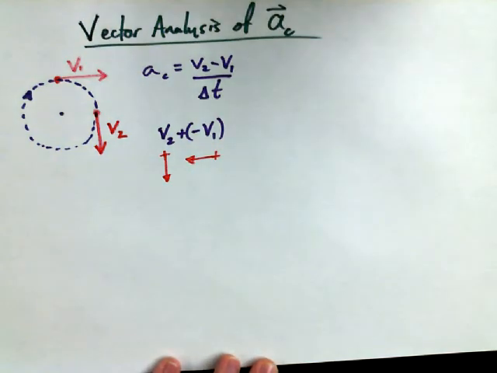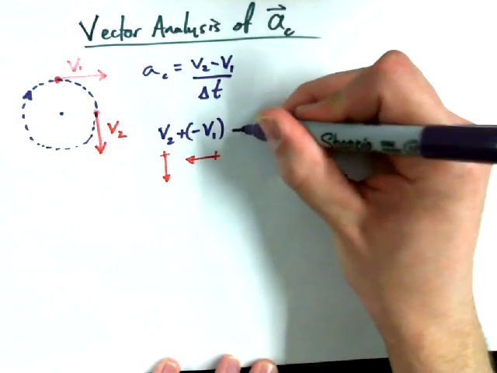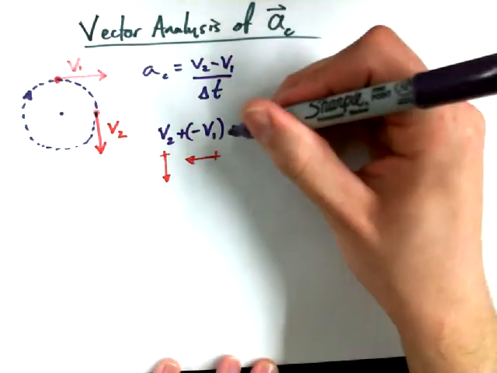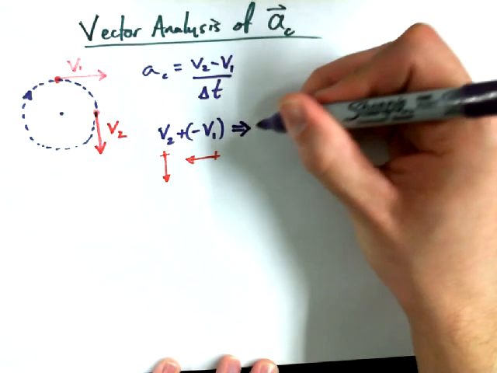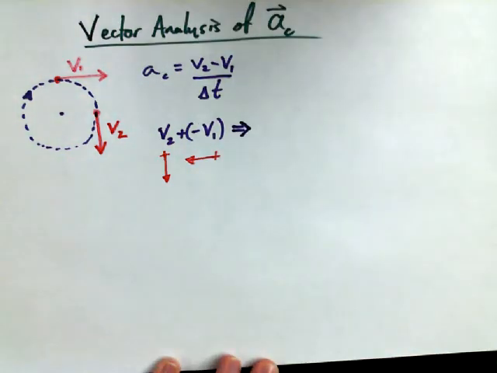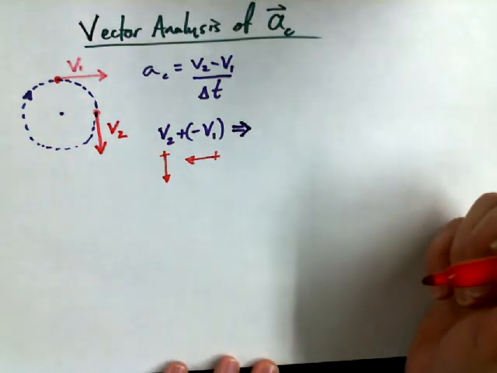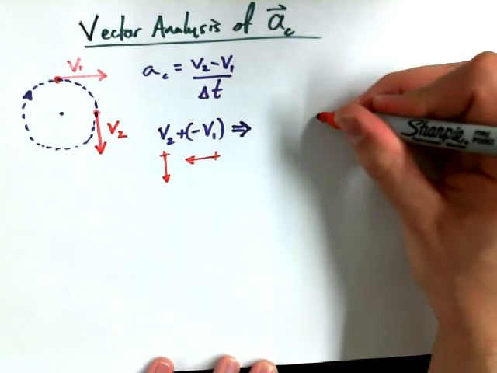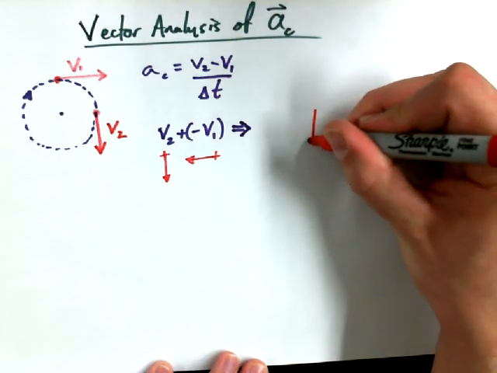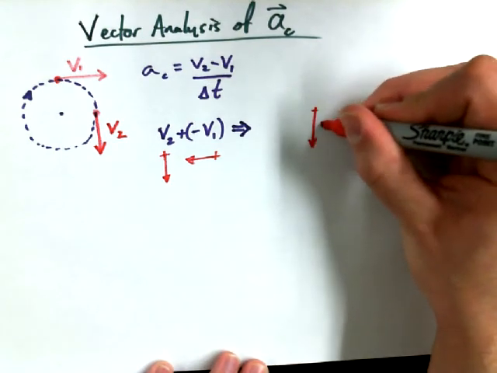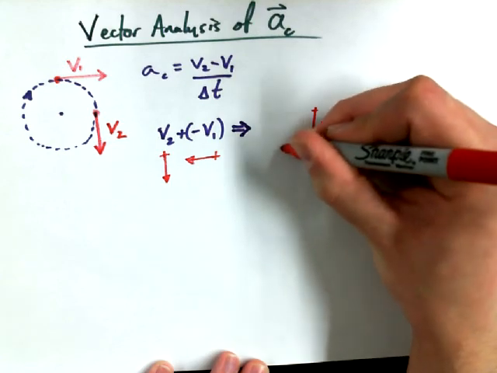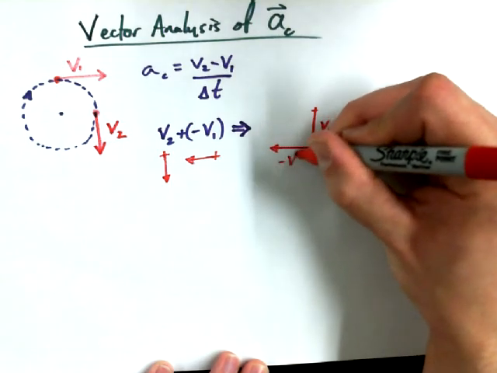And so if I want to show what this expression actually looks like when it gets added up, I'll do it as an equally typed arrow so that we can see that this is a picture that's going to represent this expression. It would look like this. Tip to tail addition says v2 goes down. Call it v2. Negative v1 goes over. We call it negative v1.